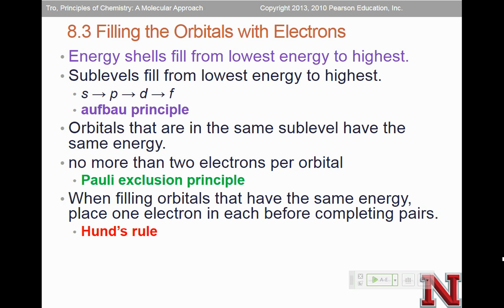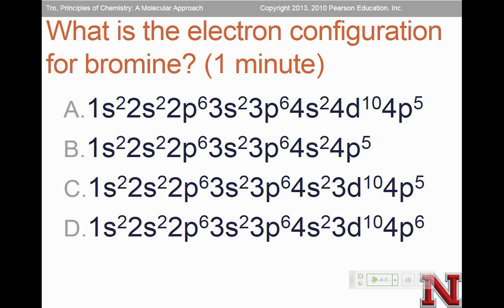So let's say we're filling the p's. We're going to fill our 1s first, up and down with our little half arrows. Then 2s is next highest in energy, so we'll fill those two. Now when we get to 2p, those 3 p orbitals are degenerate. So we're going to fill them singly first, and then we're going to pair them.